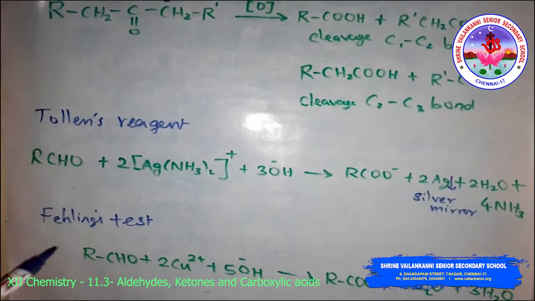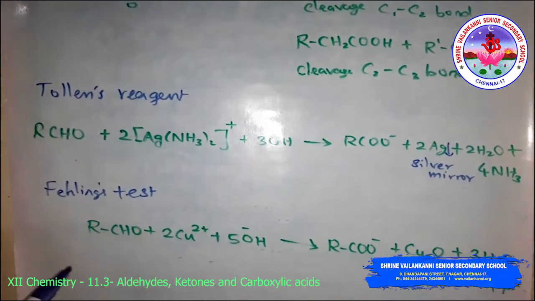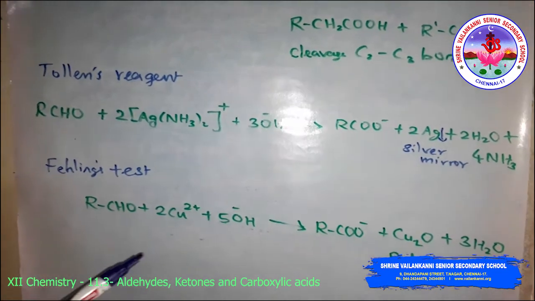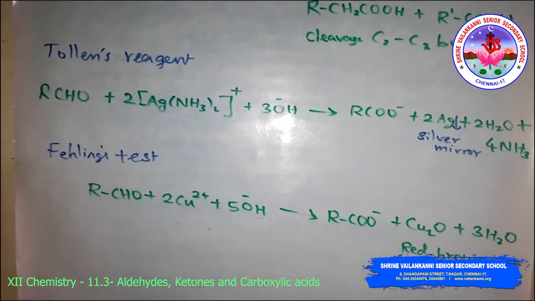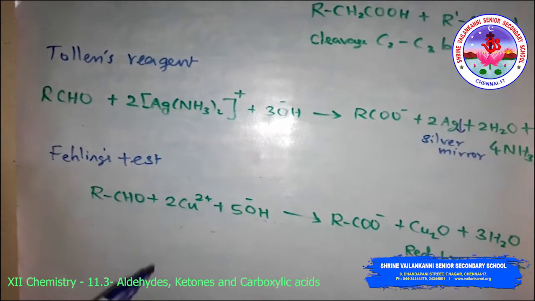Then the Fehling test. Fehling's reagent comprises two solutions, Fehling A and Fehling B solution. Already you were aware of these solutions in the laboratory.